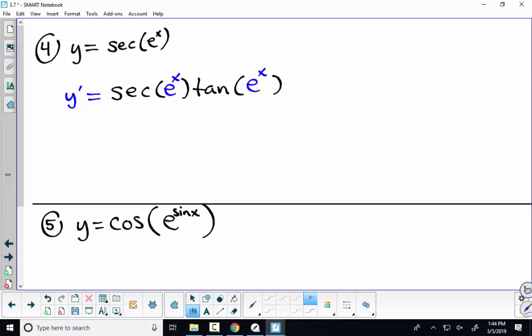And then what do we multiply that by? Yeah, the derivative of the inner function, which is e to the x, times the derivative of the inner function, which is e to the x. Just want to write that out so we can clearly see the rule.